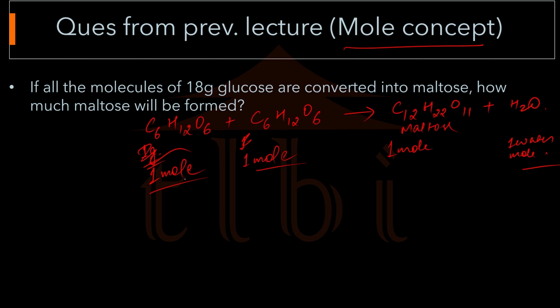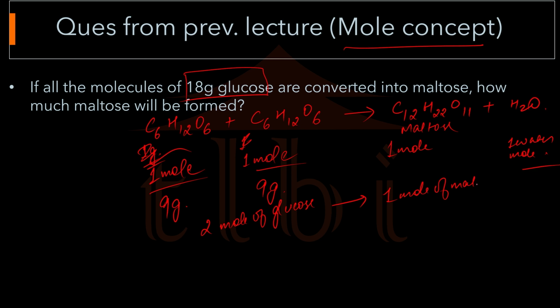So when I say 18 gram of glucose, that means 9 gram of glucose will react with 9 gram of glucose, or we can say 2 moles of glucose gives 1 mole of maltose, right?